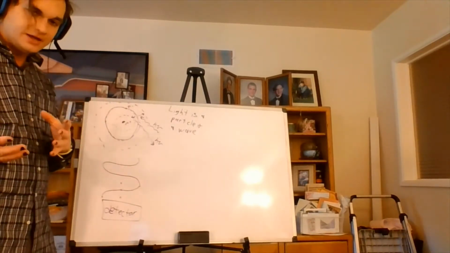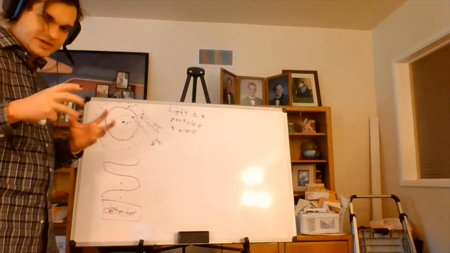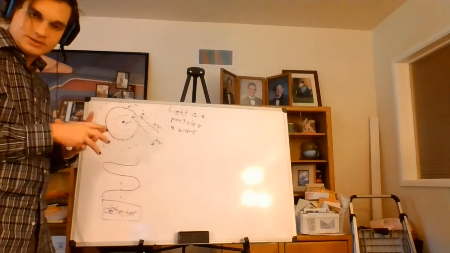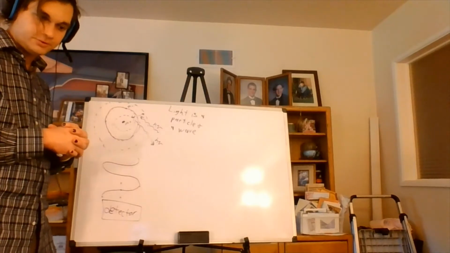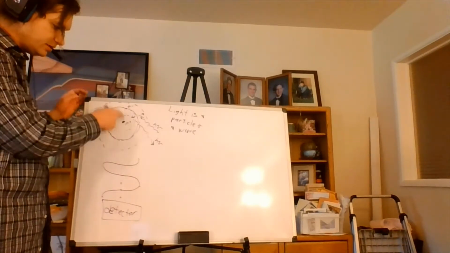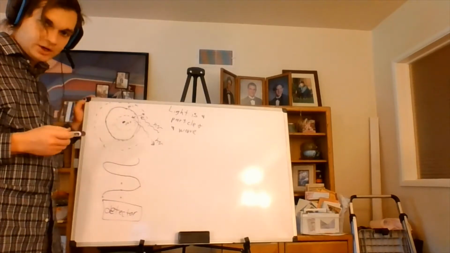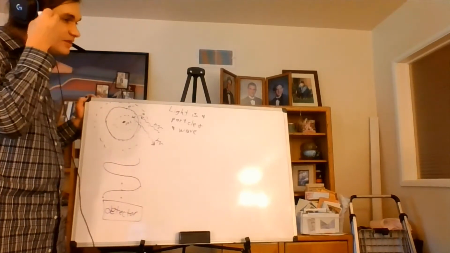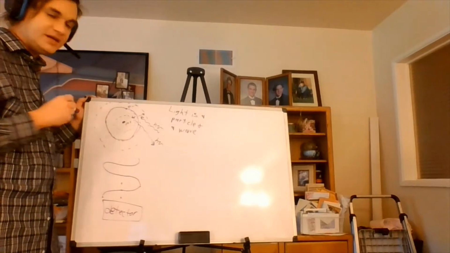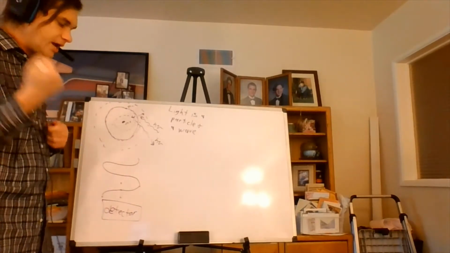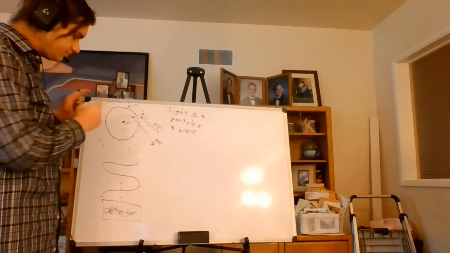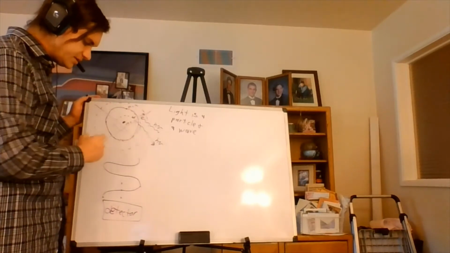And if it gives off energy, well, then it doesn't have as much kinetic energy, and it has to fall further and further towards the proton until it eventually collides. Which means that this specific model is not stable. And because atoms are stable, this specific model has to be wrong.